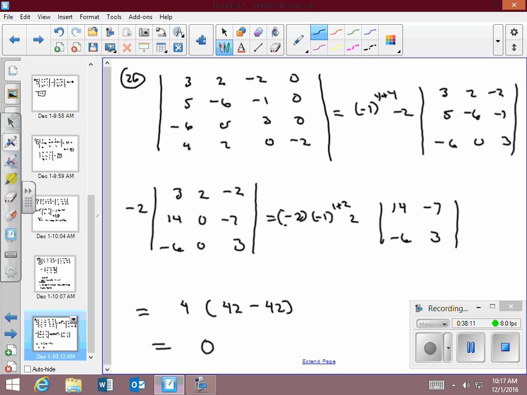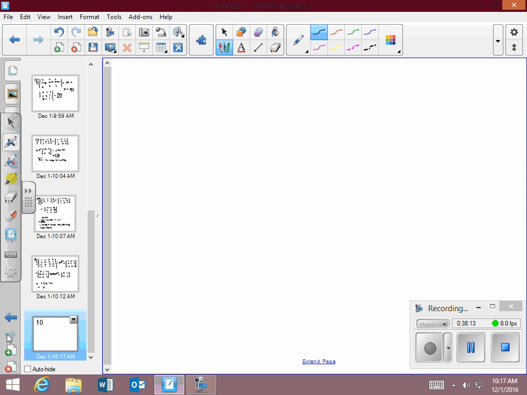So A is false. There's 3 sign changes, right? That was that theorem. I think these are all going to relate back to theorem 3.